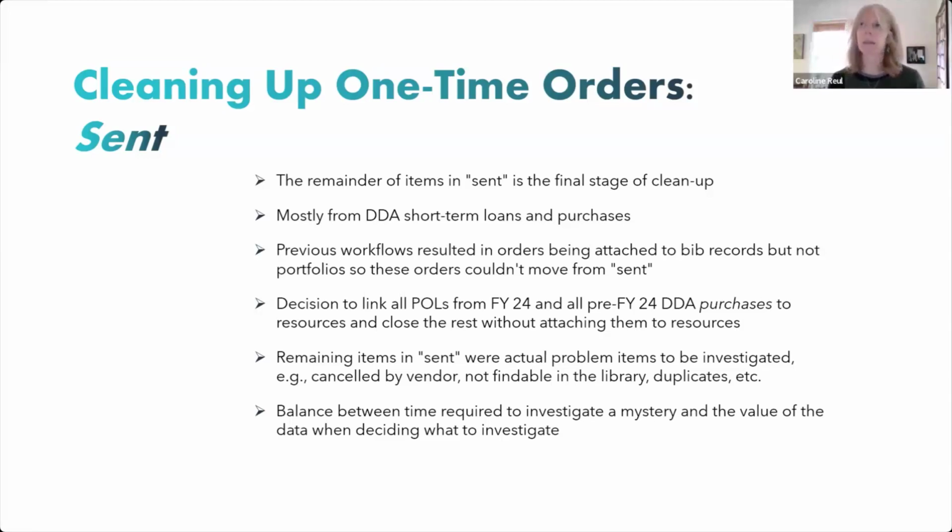They shouldn't have been there like that, but the reason why they were is because the POL was still attached to the bib, but for reasons of previous workflows, they were not attached to the portfolio that was attached to that bib. So I had to go into the portfolio, edit it, add the PO line, and then create an e-activation task and activate it.